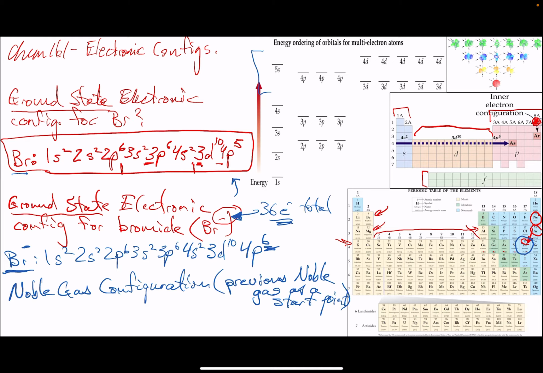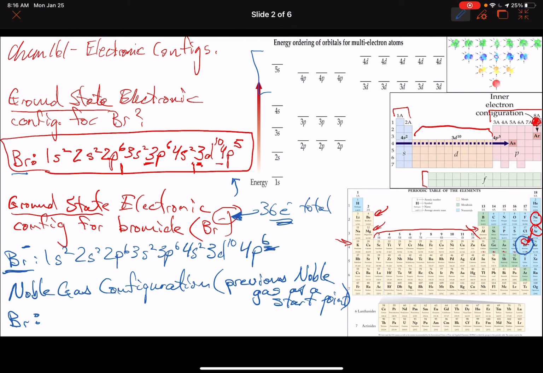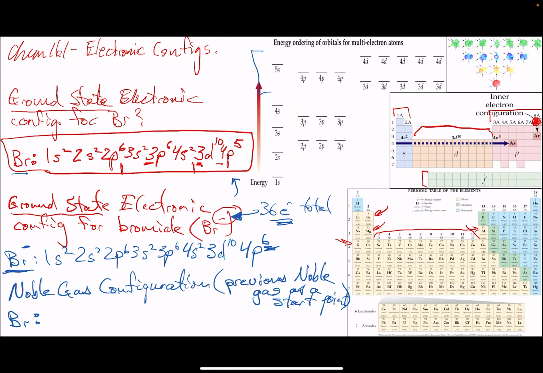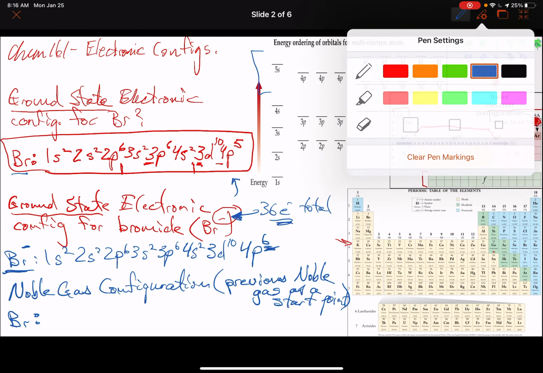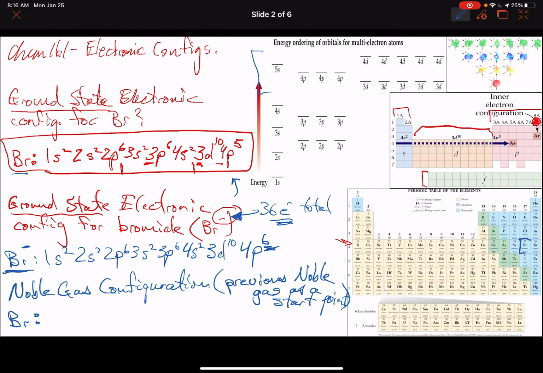Okay, so looking at neutral bromine again, referring to the red script up above, we recall that we've got bromine at the 35th spot, and so we have to walk backwards to identify where we can identify a shorthand noble gas core that we can use. So we're going to use the argon.